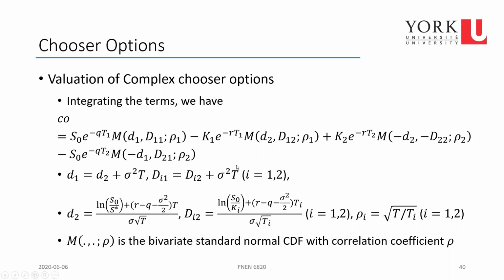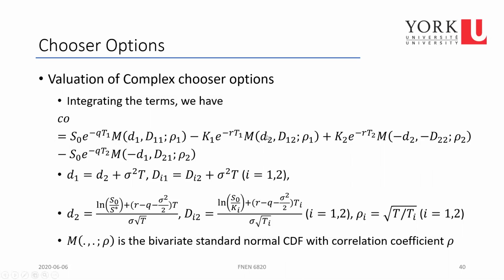Okay, and we have D2, and so we have DI2 defined this way here, rho defined. Then in this case, we're able to price this, it has a closed form solution.